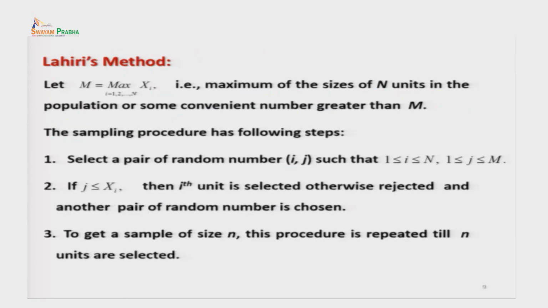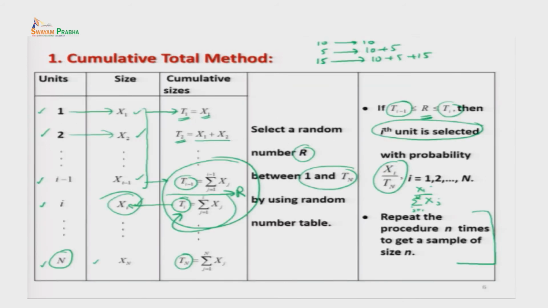In Lahiri's method, what we do is try to choose a number capital M, which is the maximum of these sizes. You have those sizes x1, x2, xn.